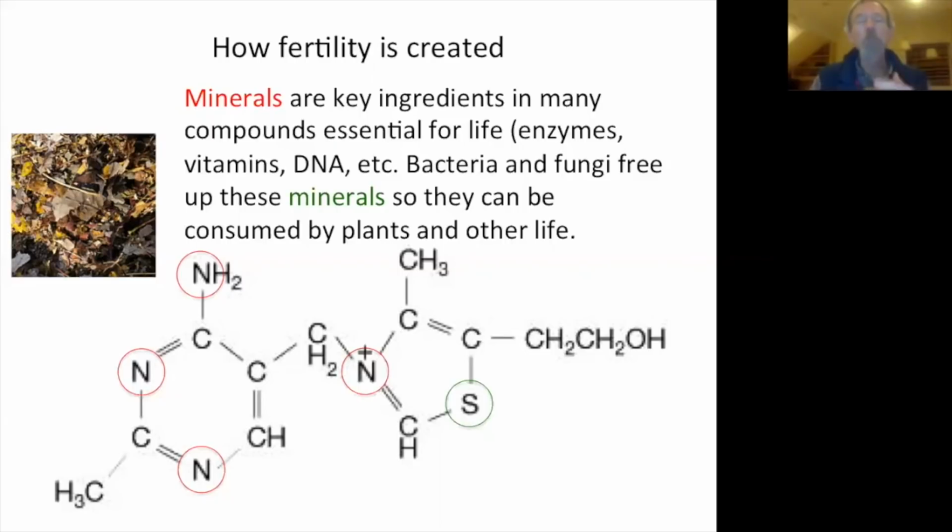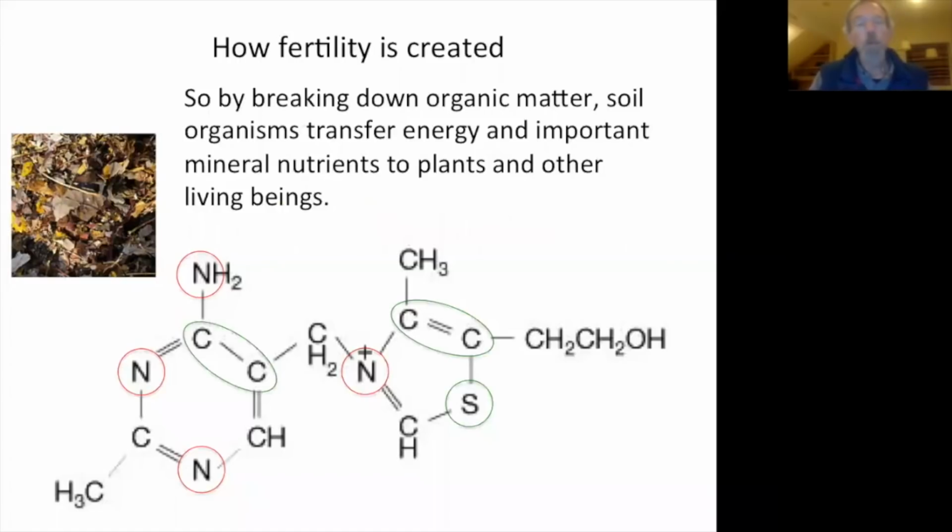And that flow then powers all the life in the soil to break down all these organic compounds and constantly release energy and nutrients to you. So yeah, that's the sum up: soil organisms transfer energy and important nutrients to plants and other living beings. And they all are carbon bonds and structure and nitrogen and sulfur and all of those things.